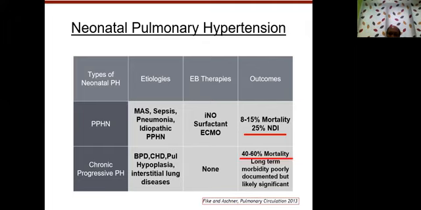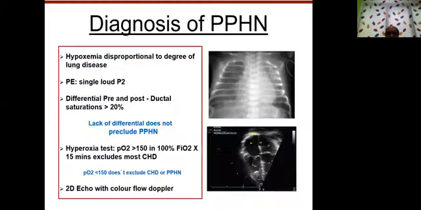In comparison, in babies diagnosed with chronic pulmonary hypertension, the mortality is as high as 40 to 60%, but the long term is poorly documented. So there is a lot of data we need to look into, about what happens to these babies, but there is significant long-term neurodevelopmental impairment in those who survive.